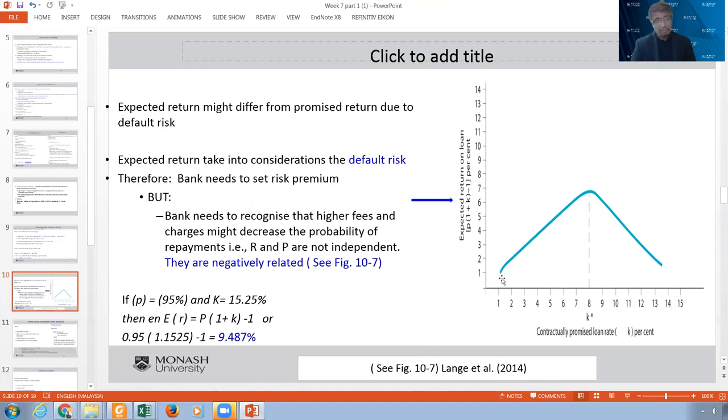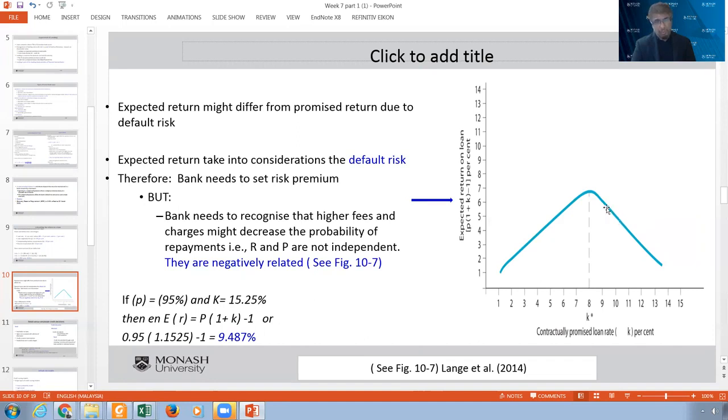So you have to be careful in how much you charge. And actually, your pricing policy should bring you to this area where you can get the most expected return. Here, you will keep increasing, until you reach a point here. If you extend and increase the return, then you expect more defaulting.